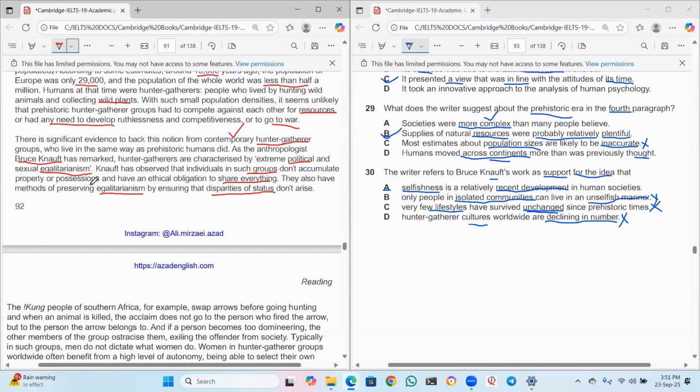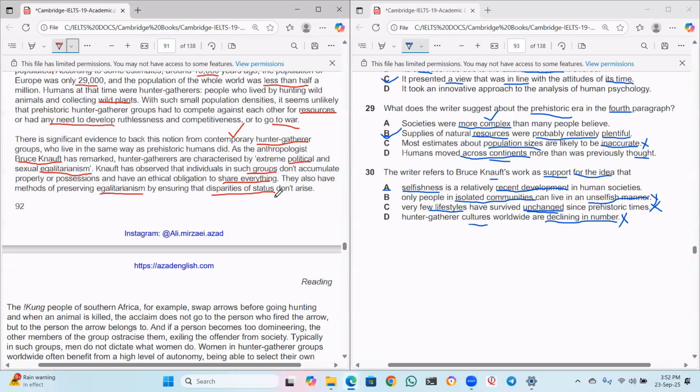They are not accumulating wealth and properties, and have an ethical obligation to share everything. Whatever they had, they used to share. Then they also have methods of preserving egalitarianism, meaning equality, by ensuring that disparities of status don't arise. So they don't want these status symbols.